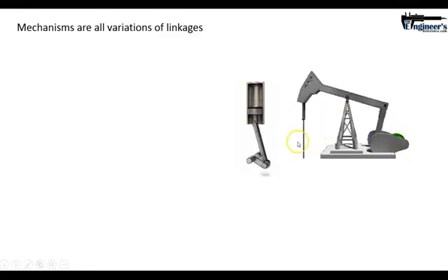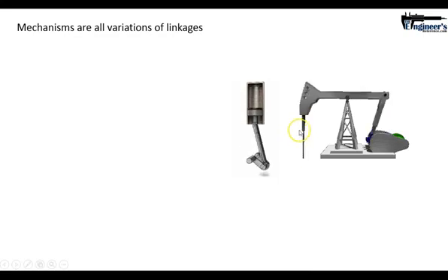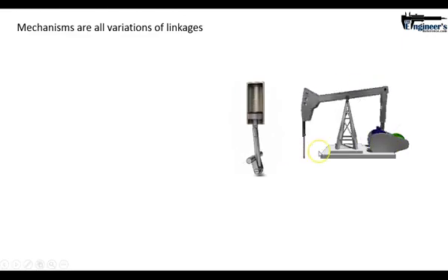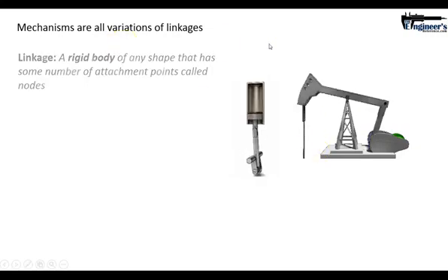It creates a pumping action going up and down, and it does this through a series of linkages that starts back here with some sort of actuator, a motor of some kind, that, through a series of linkages and the way they're connected together, creates this particular output. Again, mechanisms are all variations of linkages.